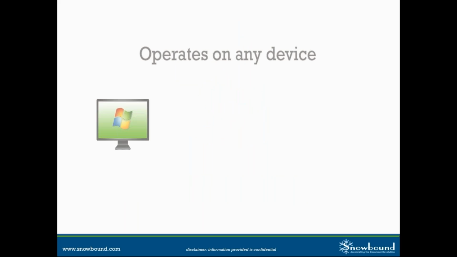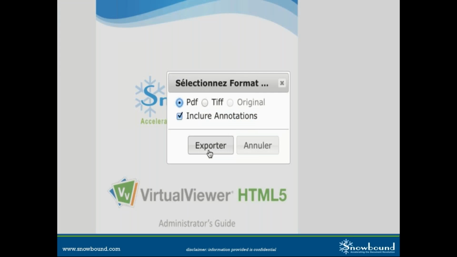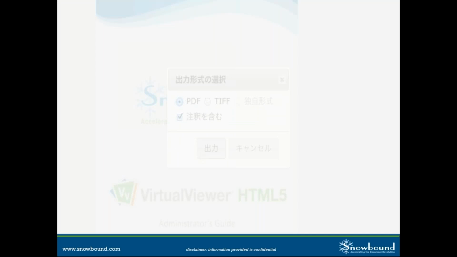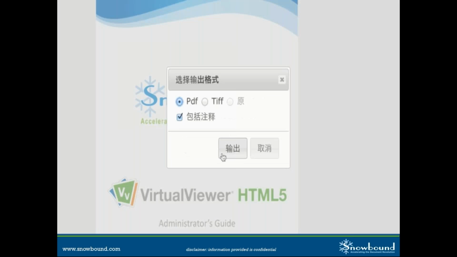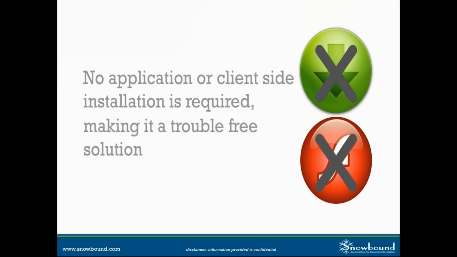It operates on any device with a browser, including laptops, smartphones, and tablets. Its intelligent localization capabilities enable the UI to auto-detect browser settings and display in the proper language. No application download or client-side installation is required, making it a trouble-free solution for users as well as IT administrators.